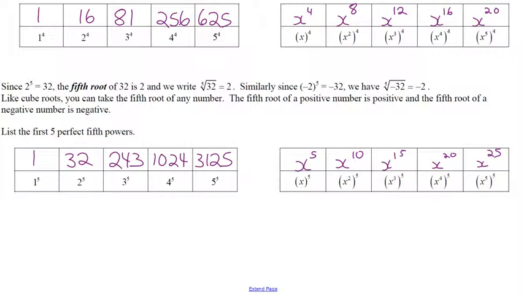Okay, so this is both a fourth power and a fifth power, right? It's x to the 5th to the 4th power, and it's x to the 4th to the 5th power, right? So we can take the 4th root of this, or we can take the 5th root of this, right? 4th root of this is x to the 5th. The 5th root of this is x to the 4th. To find a particular root, we divide by the powers, right? So if it's a 5th power, we divide by 5. 4th, we divide by 4.